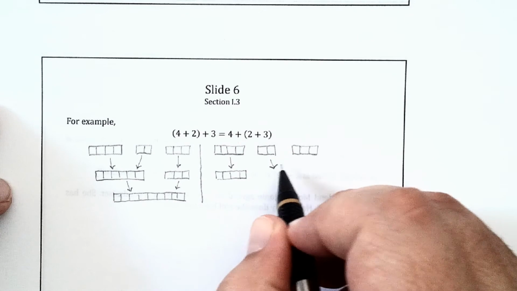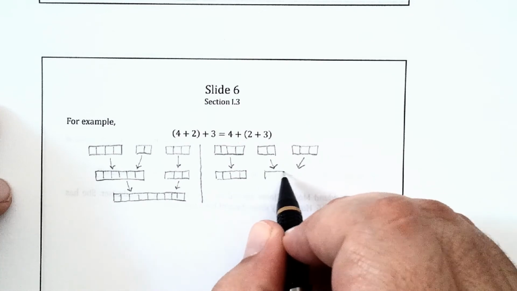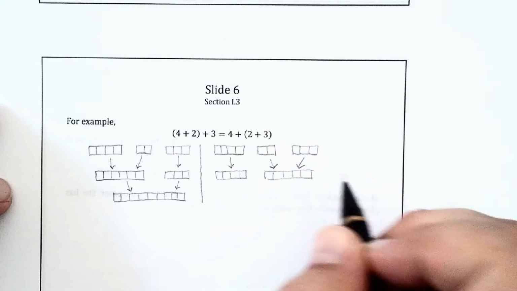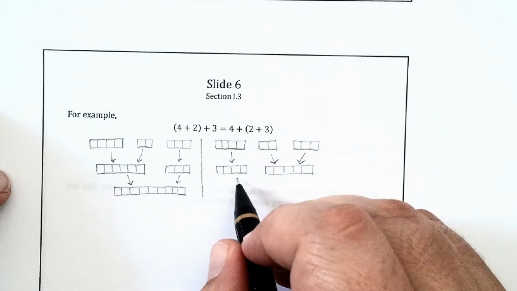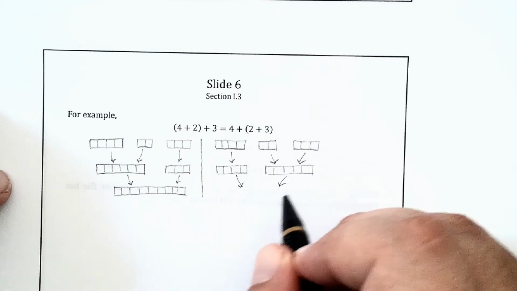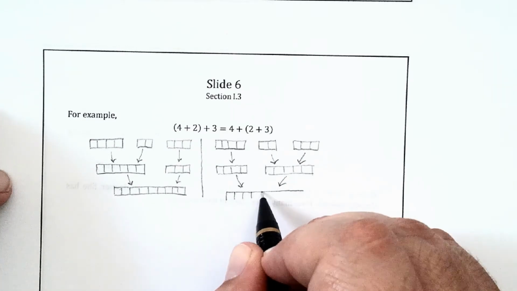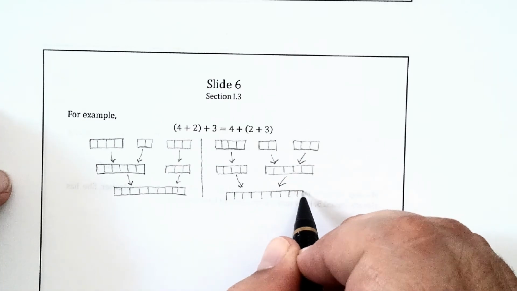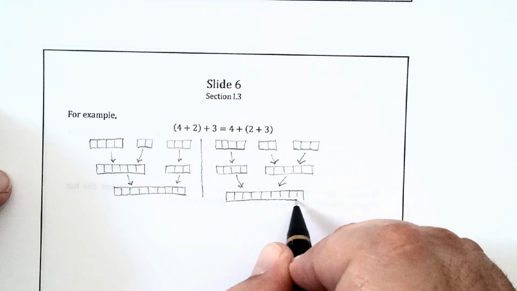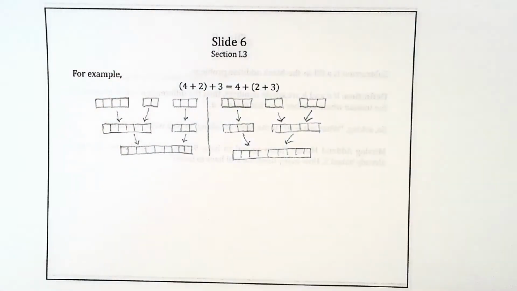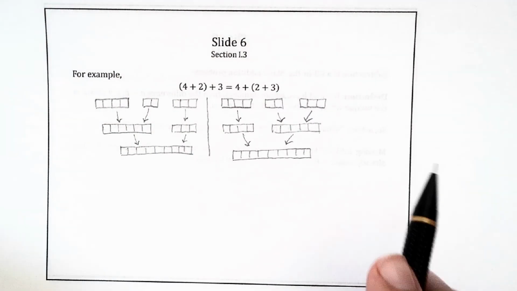I'm putting the 2 and the 3 together first. Now I add together the 4 and the 5 that resulted. That gives me 9 again. So this is number strips.